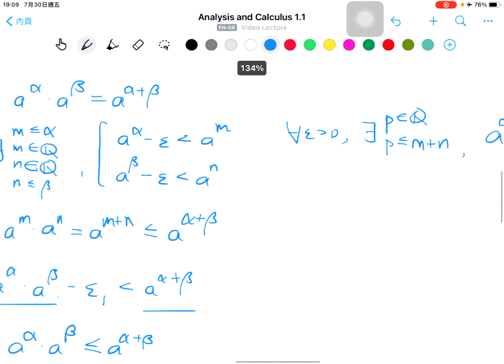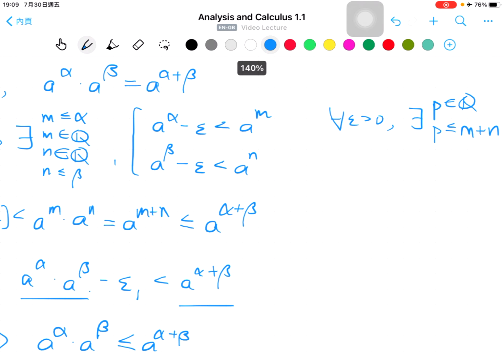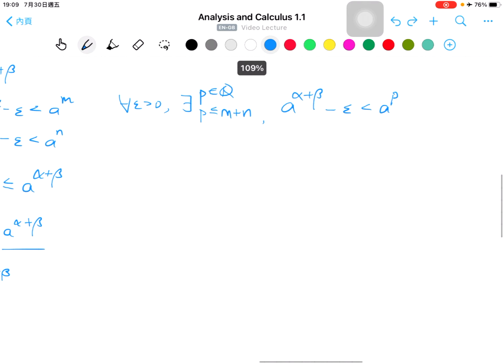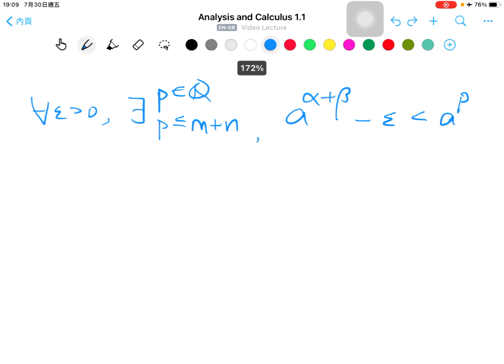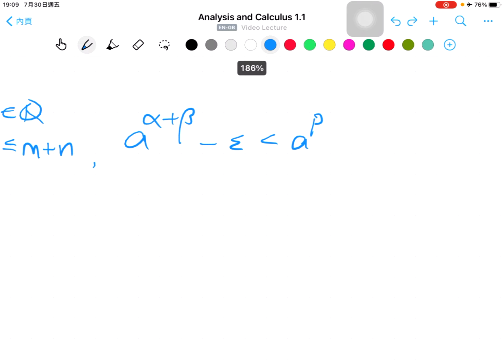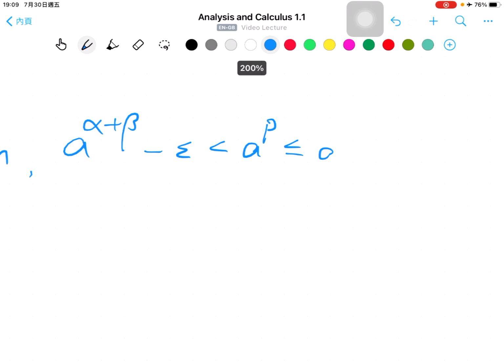I can make this p smaller than or equal to m plus n, since they have these two relationships anyway. So we can force this p to be smaller than or equal to m plus n, so that by the strictly increasing property of this exponential function, we can end up with this.